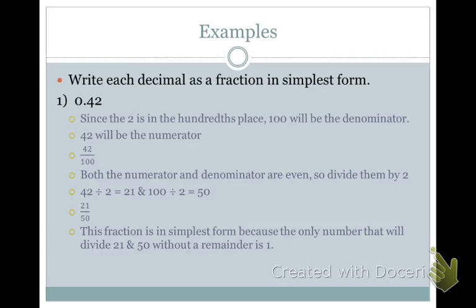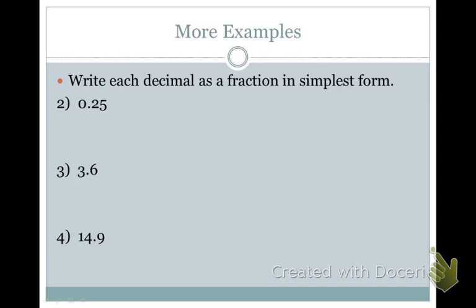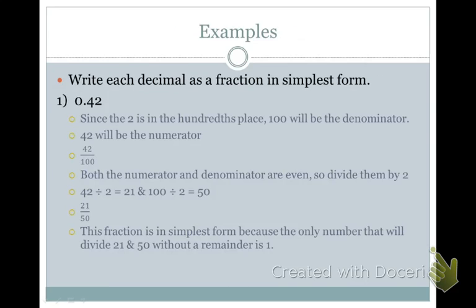So now let's look at a couple examples here. Write each decimal as a fraction in simplest form. So we are given 0.42. Since the 2 is in the hundredths place, remember, tenths is right here, so this is the hundredths place. You can use your chart to figure that out.